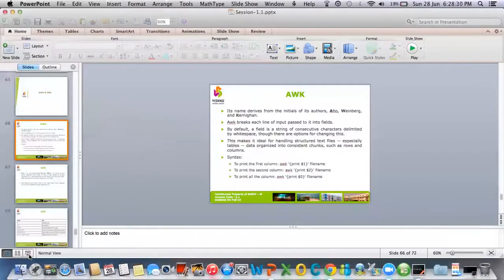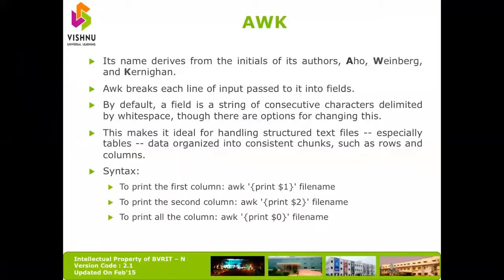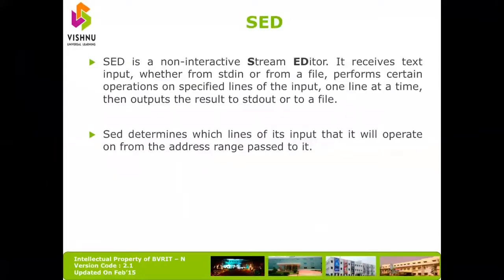Well, after this, I have another utility left, which is called SED, which stands for Stream Editor. It's basically a non-interactive stream editor, which means you have to say what you want to do well in advance, before it actually starts.